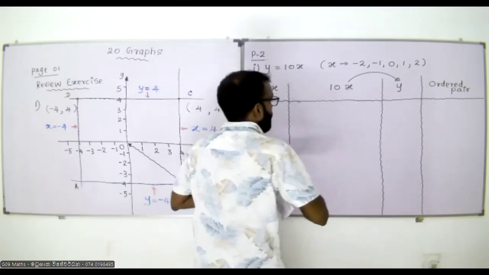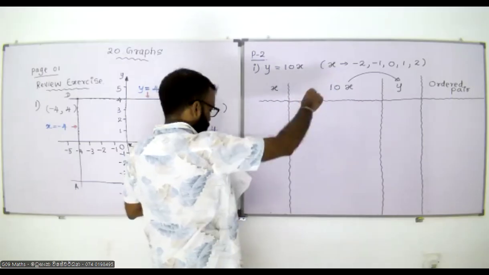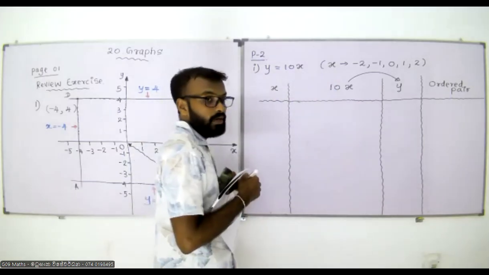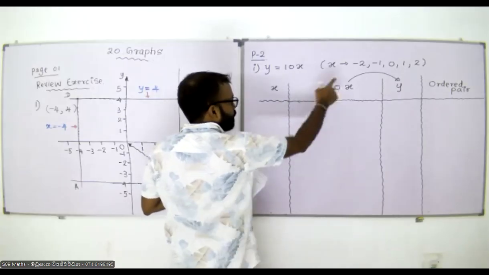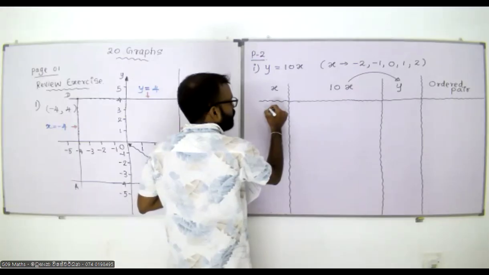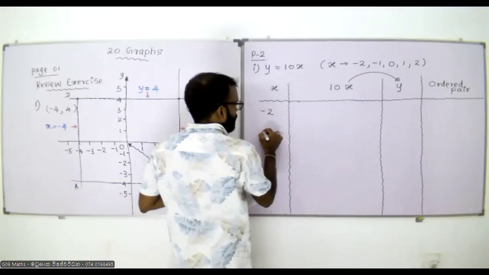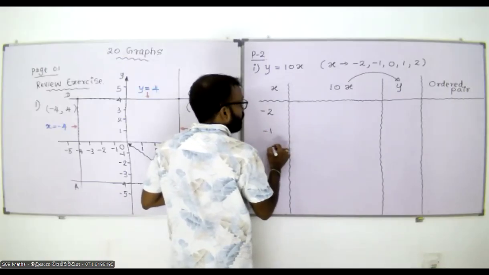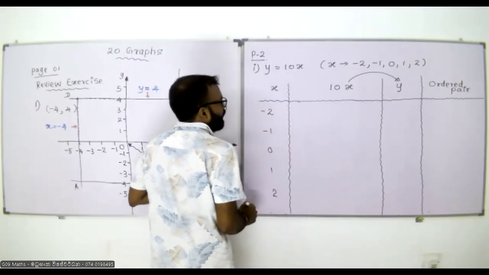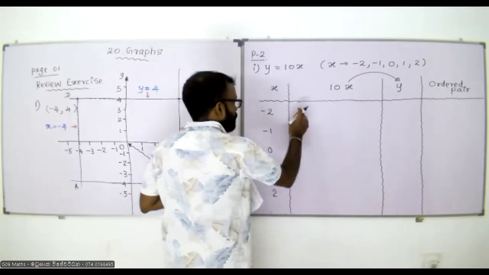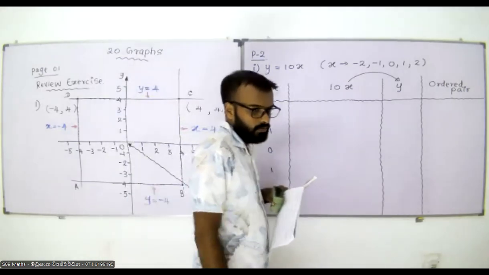Then I will write under this x column those values. I will begin from minus 2, then minus 1, then 0, then 1, then 2.